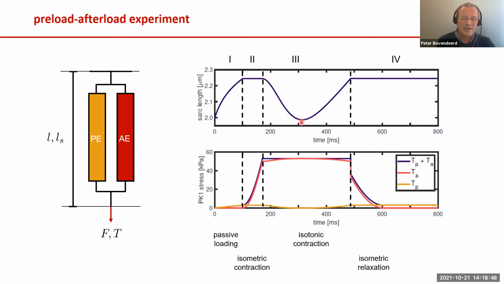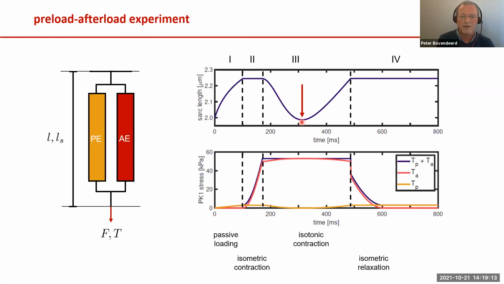And then here, well, here things go wrong in the comparison, because in the heart at this point we have a minimum volume, and if then the muscle would relax and try to increase its length, then the aortic valve would close, and this would prevent an increase in volume, and correspondingly it would prevent an increase in length.